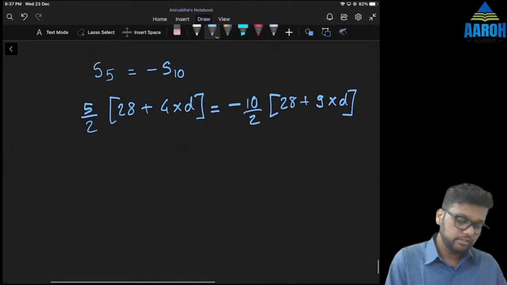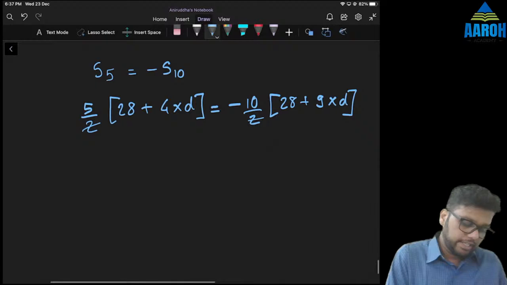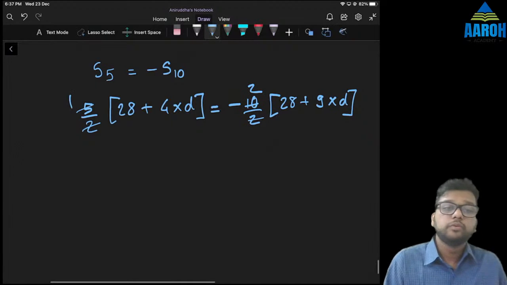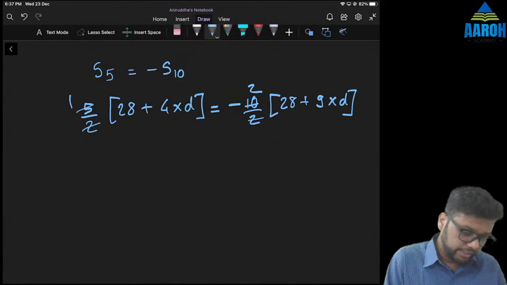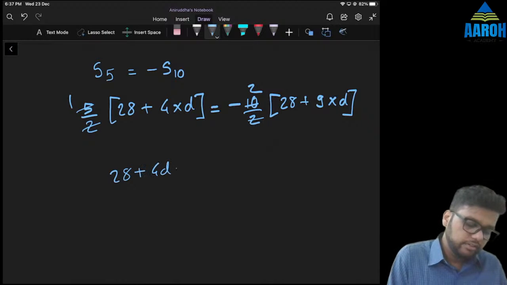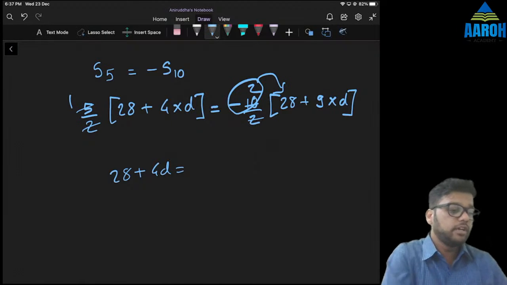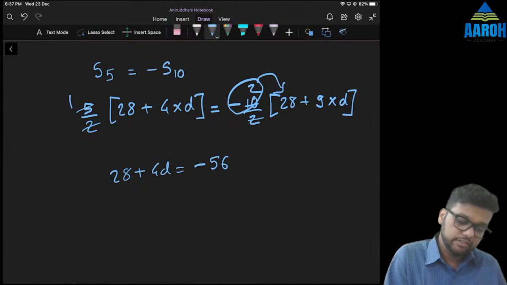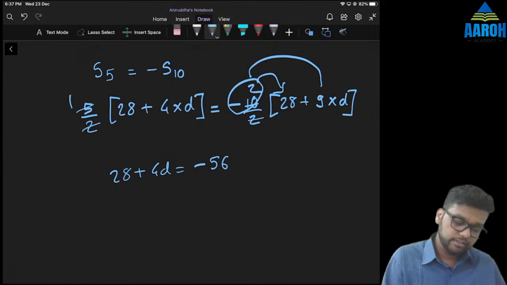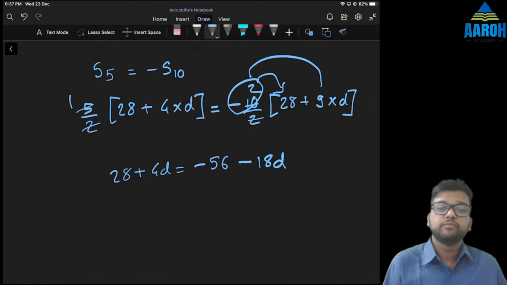Let's solve this. The 2s we can cancel, 5, 1, 2. Fine. So that is 28 plus 4D is equal to minus 2, right? So we can open the bracket maybe. Minus 2 into 28 is minus 56. And minus 2 into 9D is minus 18D.